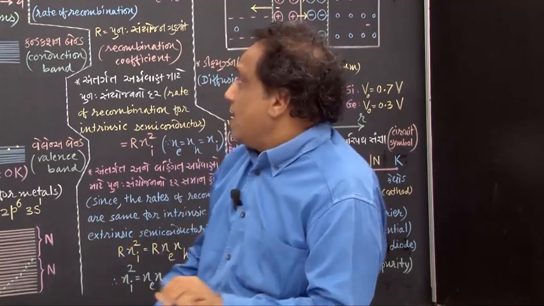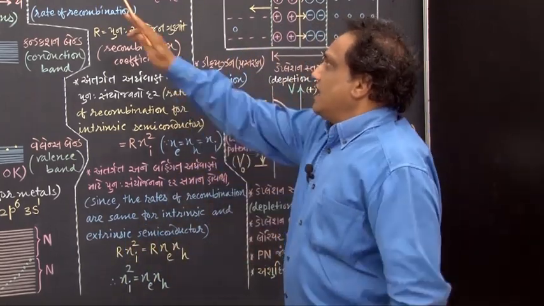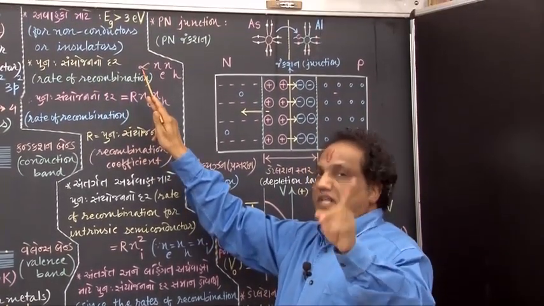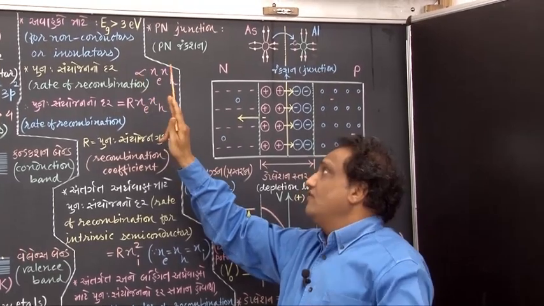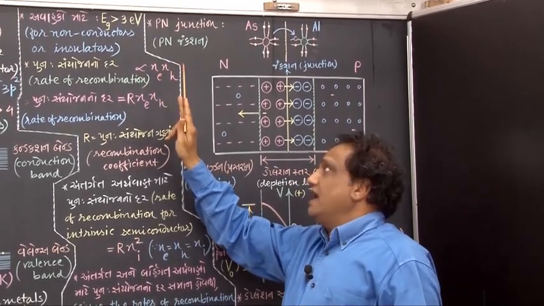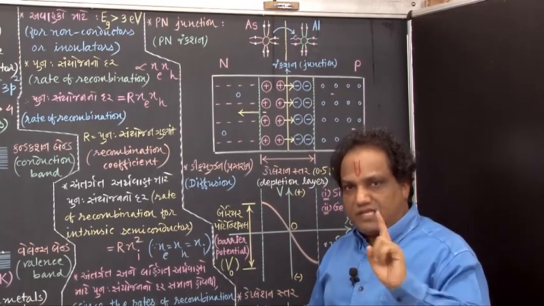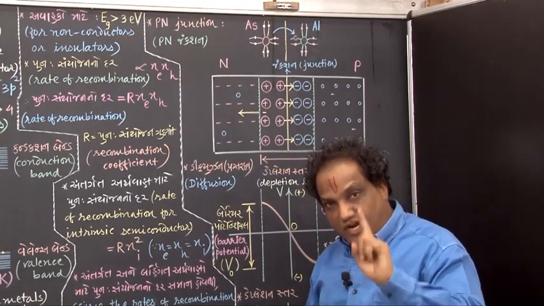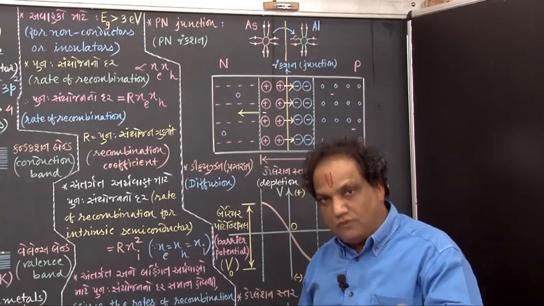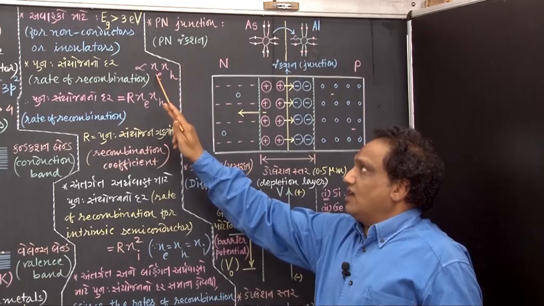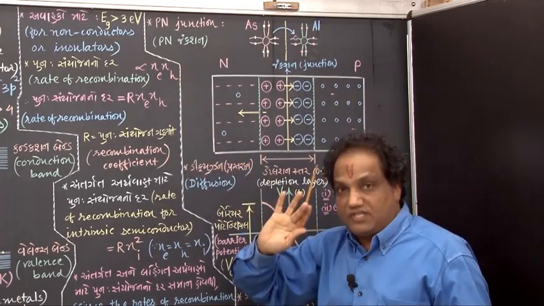Fine. Now, that rate of recombination of free electron and hole is found to be directly proportional to product of free electron number density and hole number density. I repeat, in any semiconductor, rate of recombination of free electron and hole is directly proportional to product of free electron number density and hole number density.